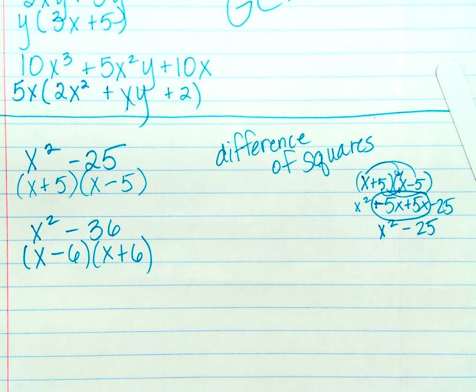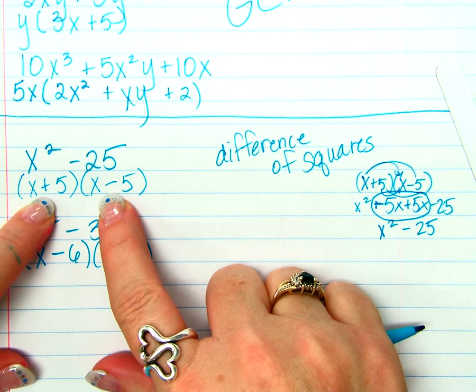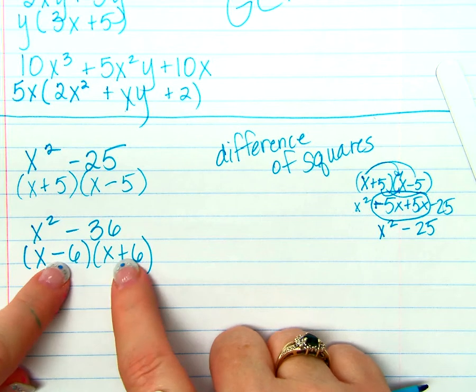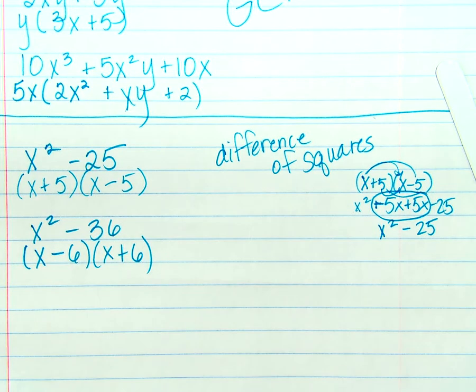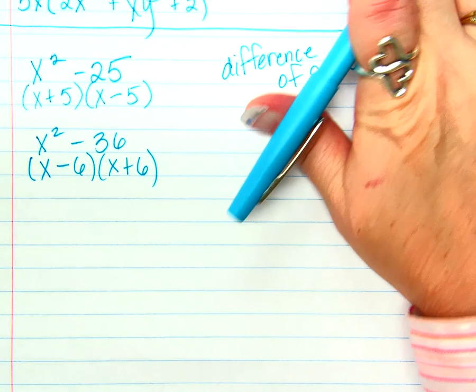So we could have this conversation, right? Because I needed to make sure you understand it doesn't matter. Aren't they exactly the same except for the sign? They're the same factor except for the sign. We just have to make sure they are opposite signs. That's important.